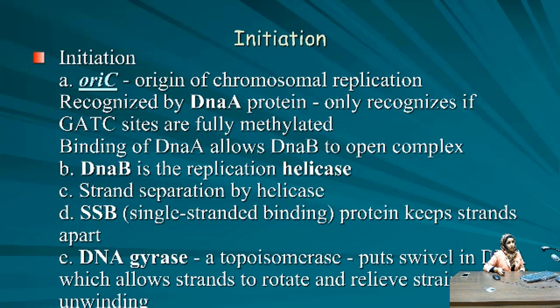Initiation. OriC, the origin of chromosomal replication, is recognized by the DnaA protein, but only if the GATC sites are fully methylated. So, after the methylation of the GATC sequence, the origin of replication is recognized by the DnaA protein. This is the first step.